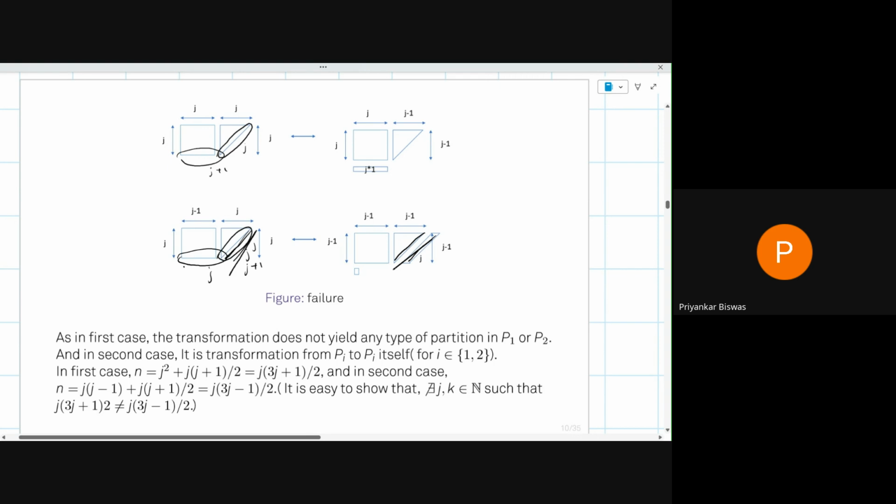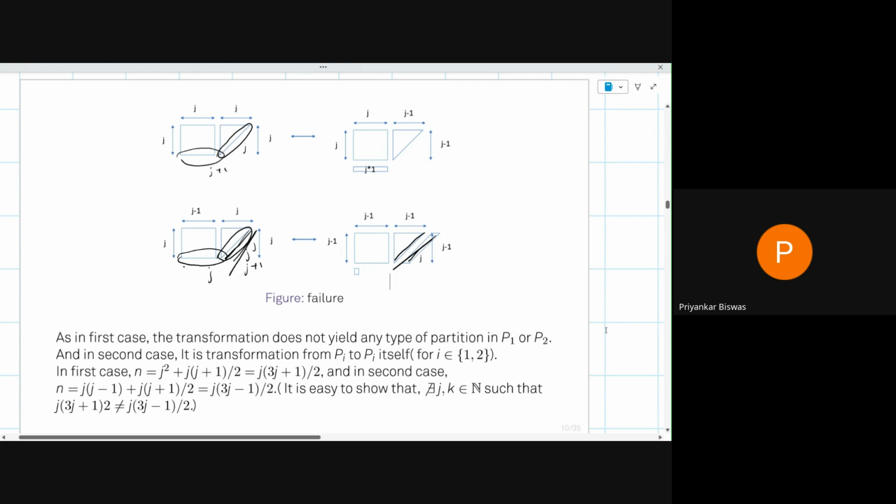So only in the first case you will get that the number of points is J square plus J into J plus 1 by 2, which is J into 3J plus 1 by 2, and the next case is J into 3J minus 1 by 2. In both of these cases we will not get a partition from one type to another.